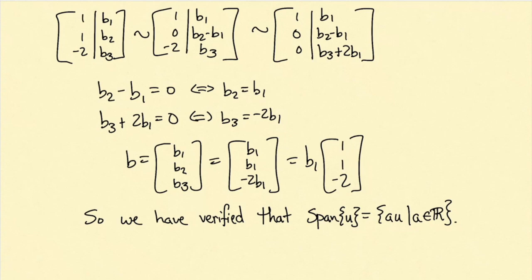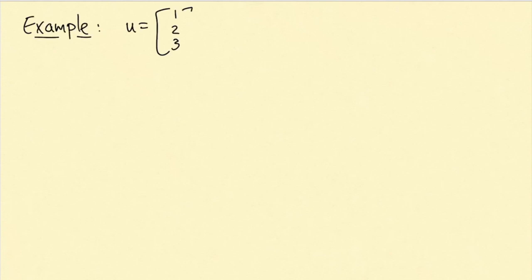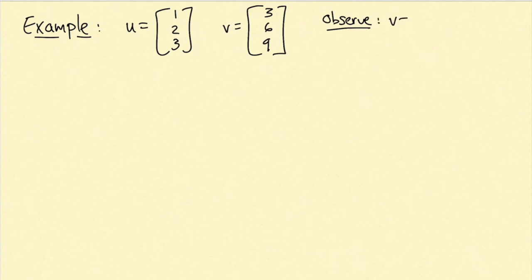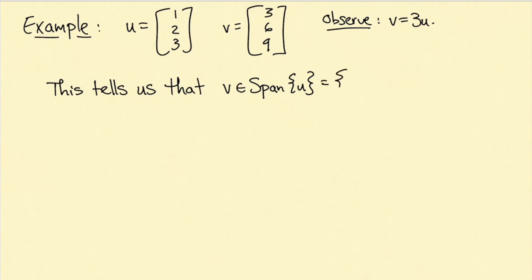So let's try an example with two vectors. Here we have two vectors, u = 1, 2, 3, and v = 3, 6, 9. It's pretty easy to see here that v is already a multiple of u. That tells us from our previous example that v is going to lie in the span of u.